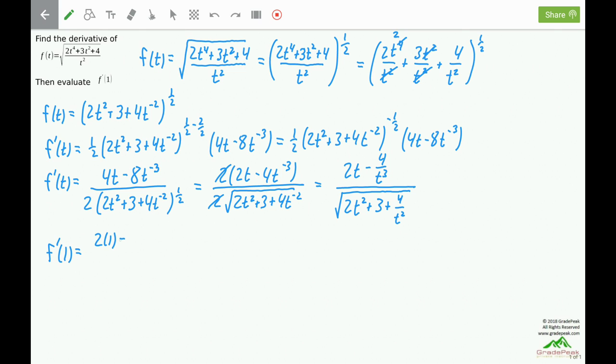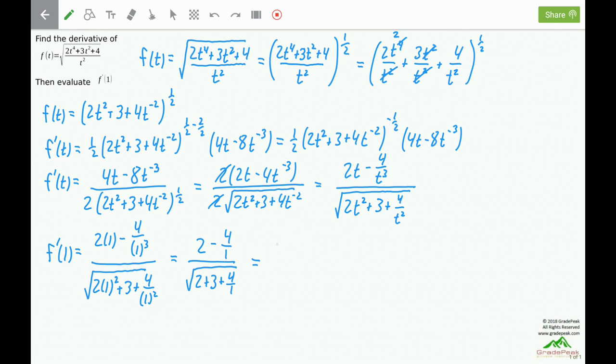We will have 2 times 1 minus 4 over 1 cubed all over the square root of 2 times 1 squared plus 3 plus 4 over 1 squared. 2 times 1 is 2, minus 4 over 1 cubed, divided by the square root of 1 squared is 1 times 2 is 2, plus 3, plus 4 over 1 squared.